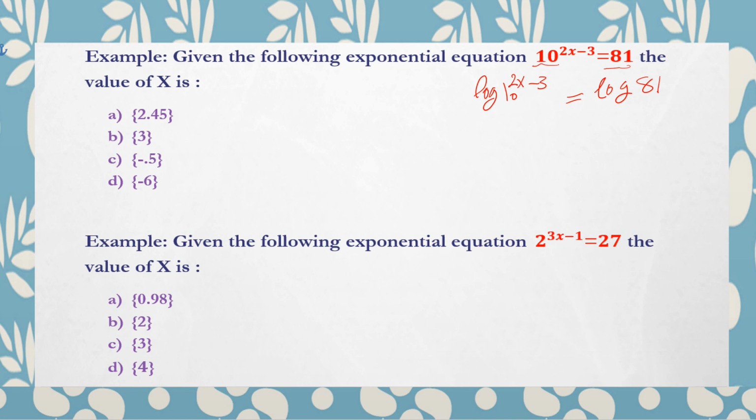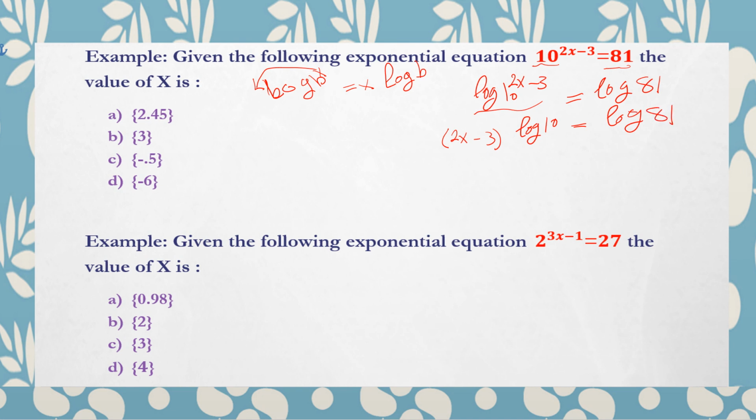And recalling the property of logarithm, which says that when we have log of b to the power x, this equals x times log b. The exponent comes before the logarithm. The same in this case, we can write this as 2x minus 3 times log 10 equals log 81.